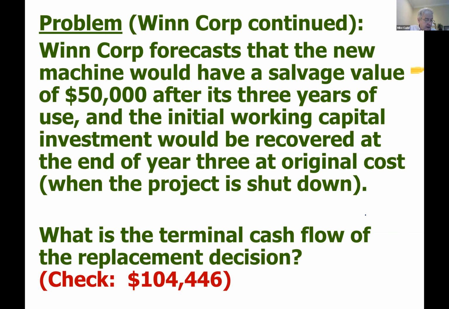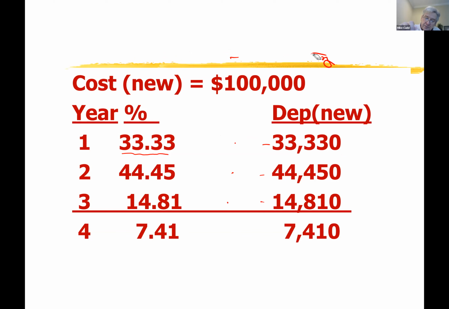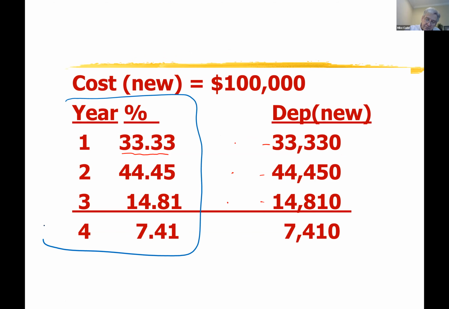So if we go back and peek at slide 14 again, just at the table, after 3 years of depreciation, how much is untaken? 7.41%.